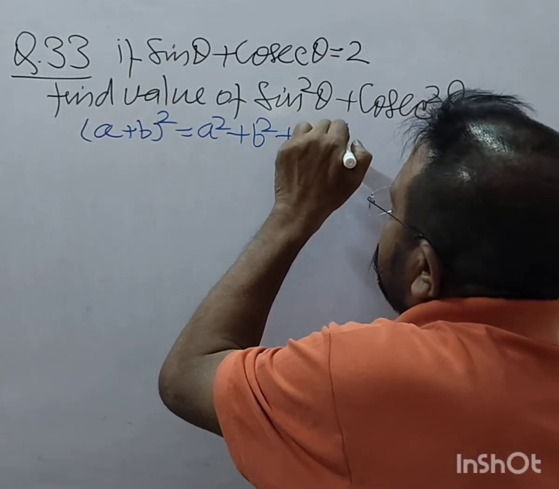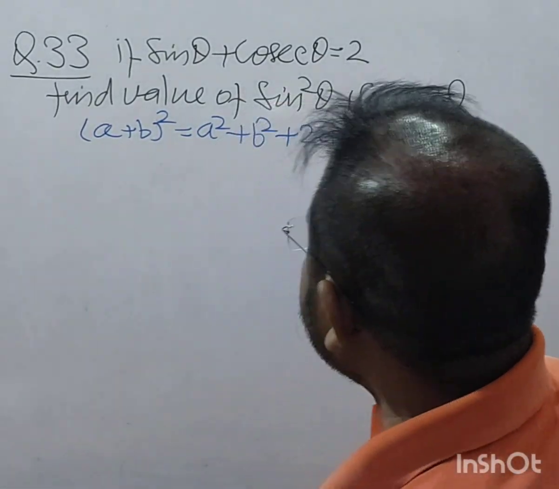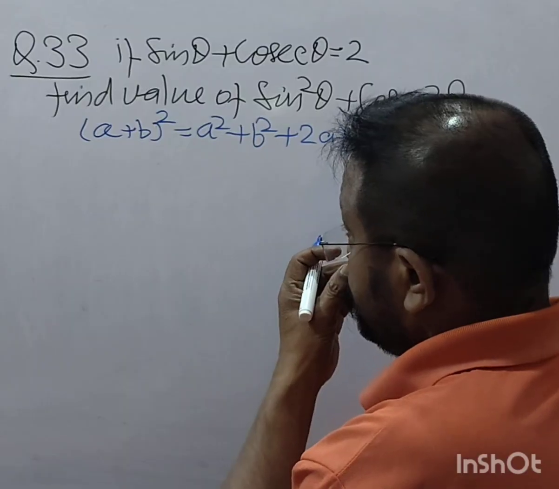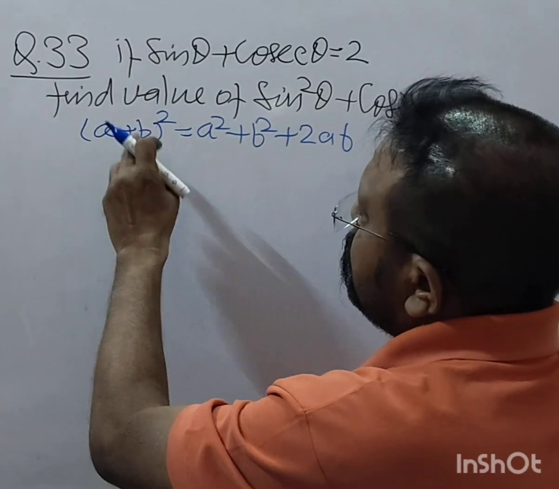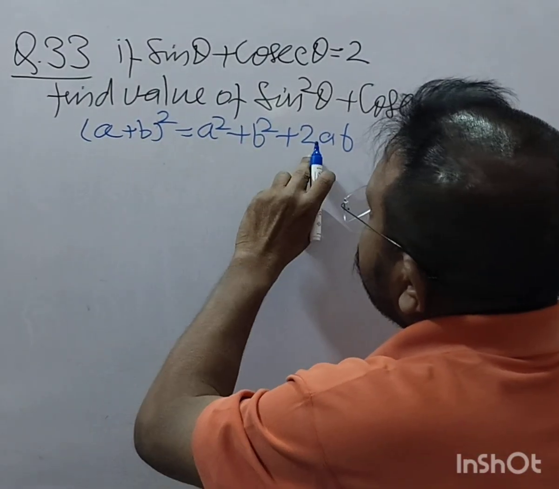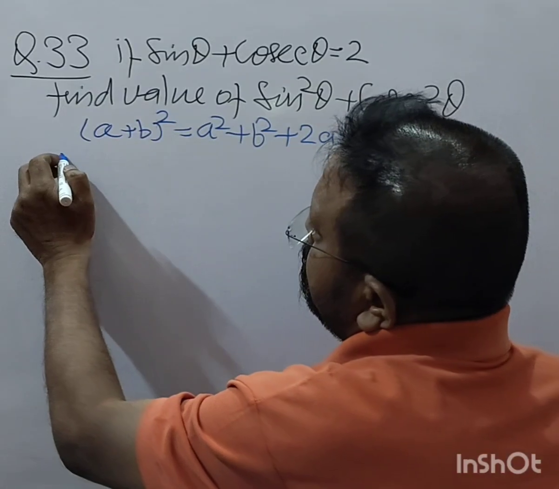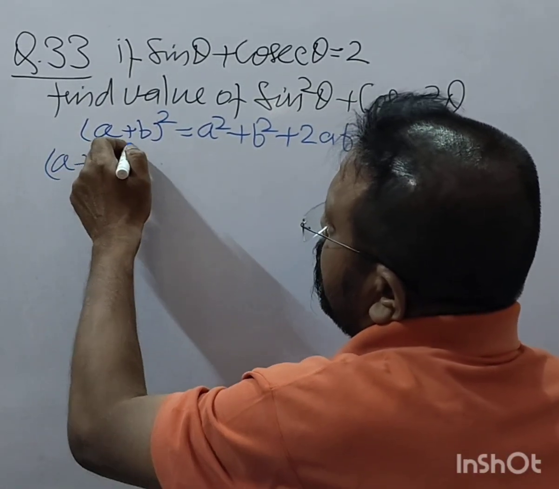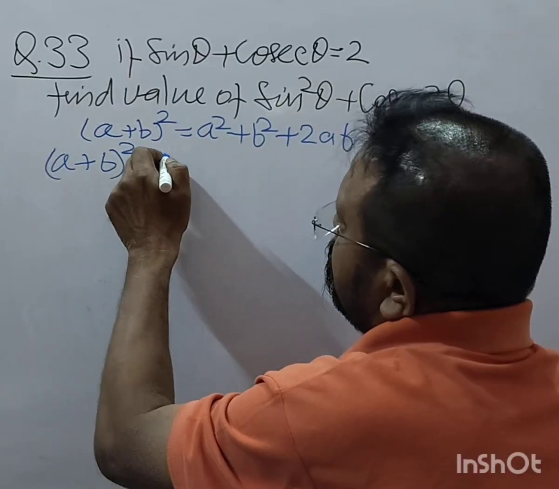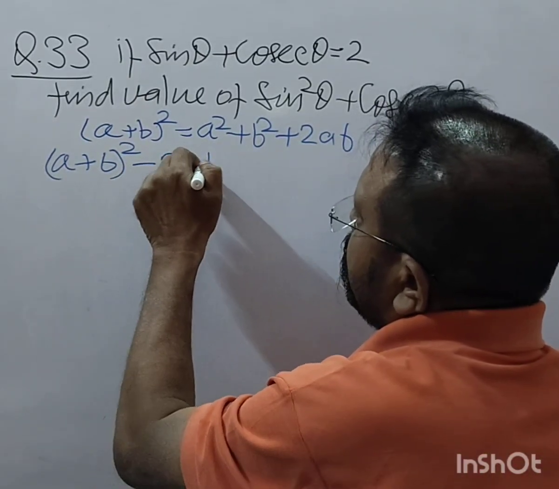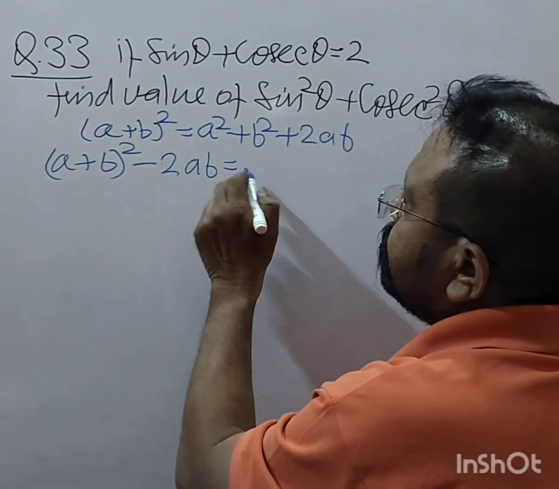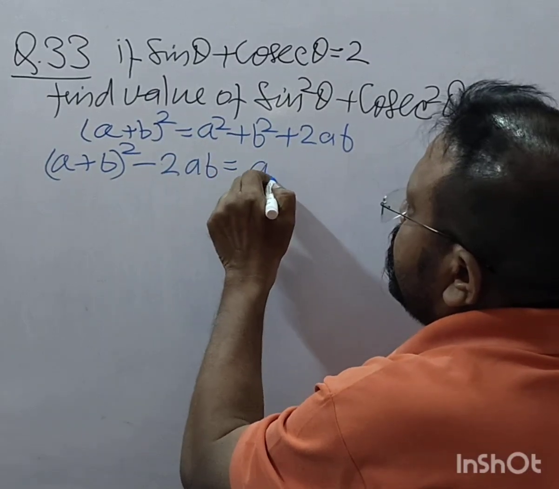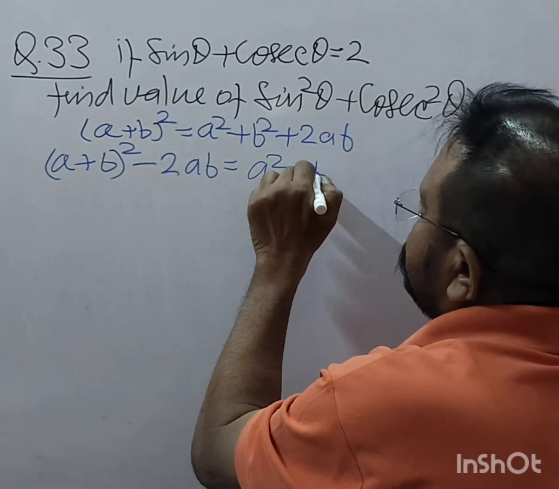So if you bring this on this side, a square plus b square is equal to a plus b whole square minus 2ab.